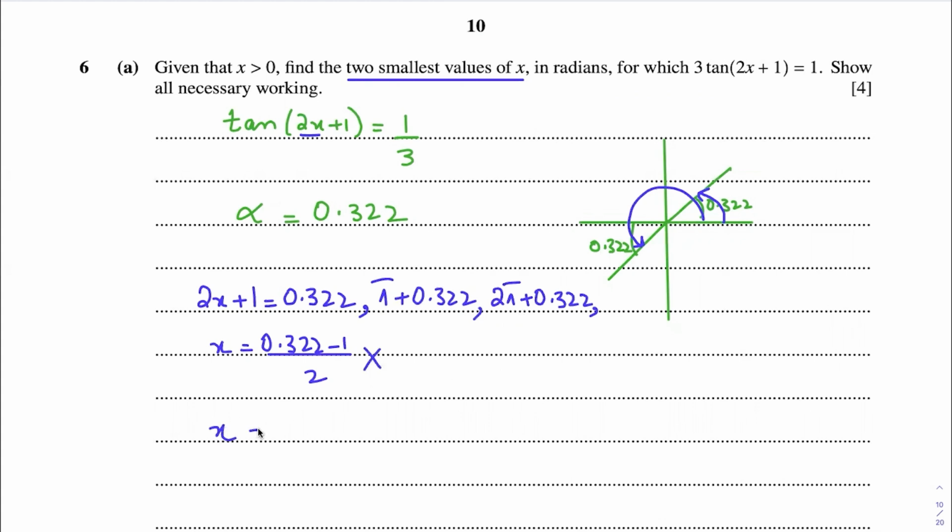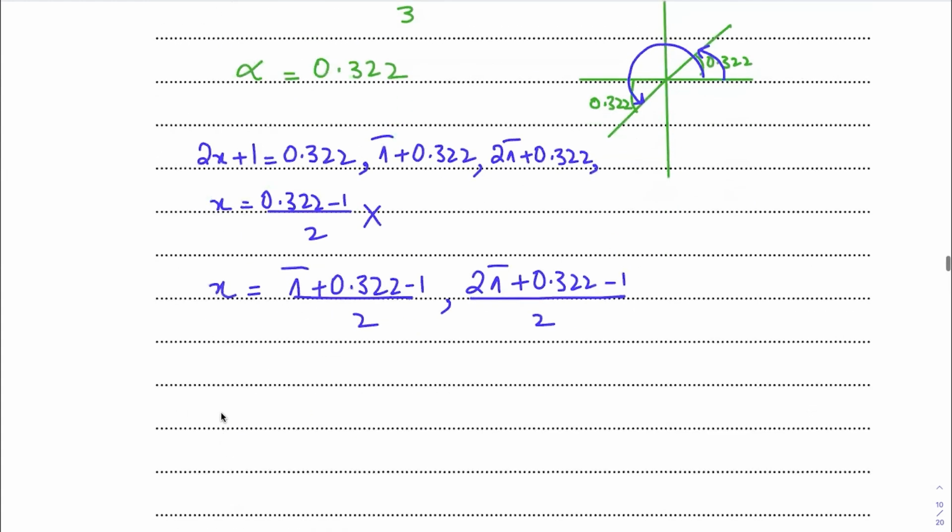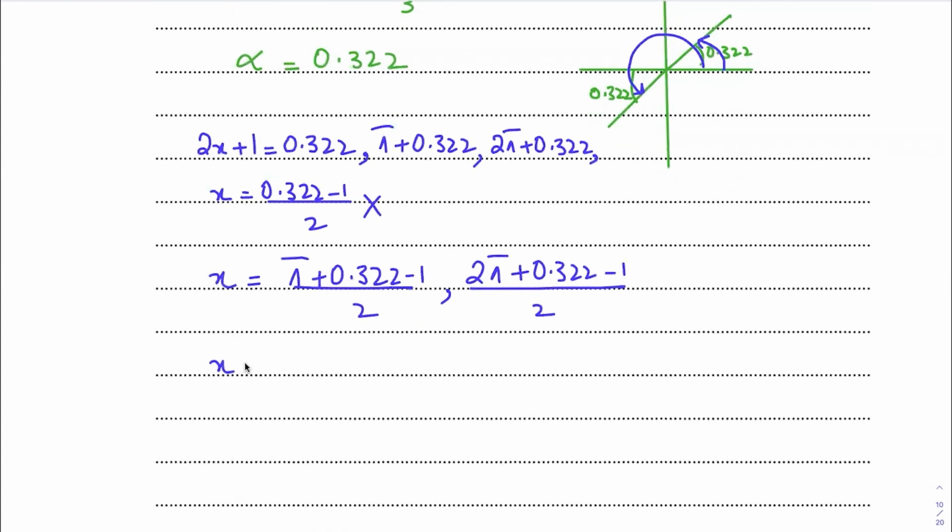Our other two solutions would be pi plus 0.322 minus 1 divided by 2 and 2 pi plus 0.322 minus 1 divided by 2. Substituting these values in the calculator, we get x is equal to 1.232, 2.80. As we have to give our answer in three significant figures, the final answer will be x is equal to 1.23 and 2.80.